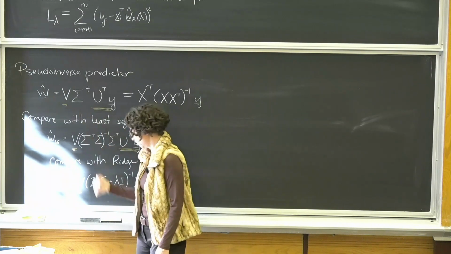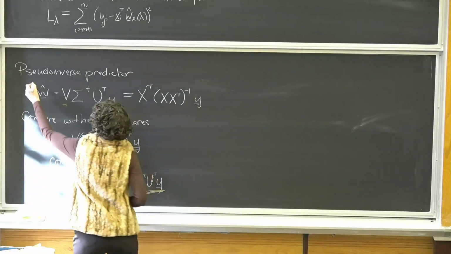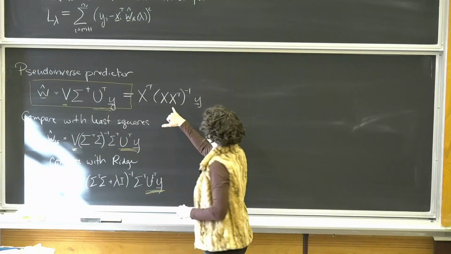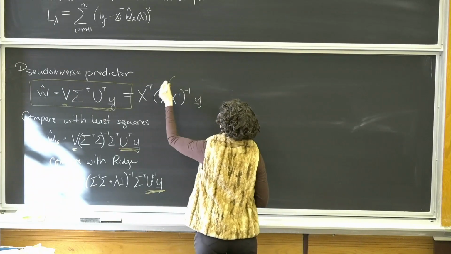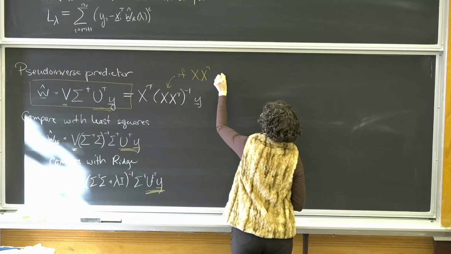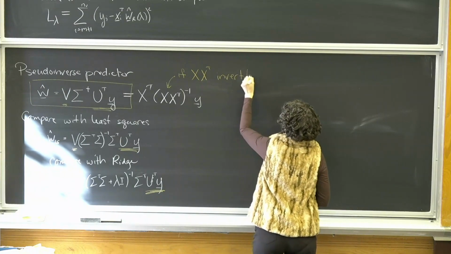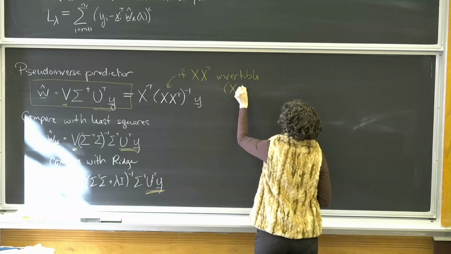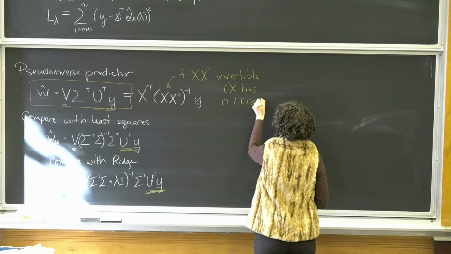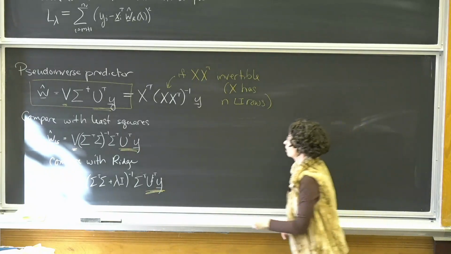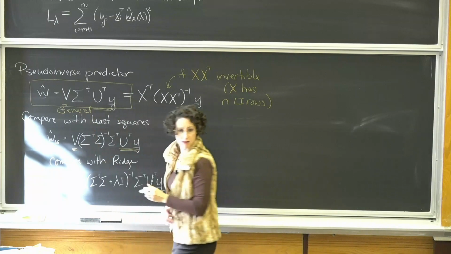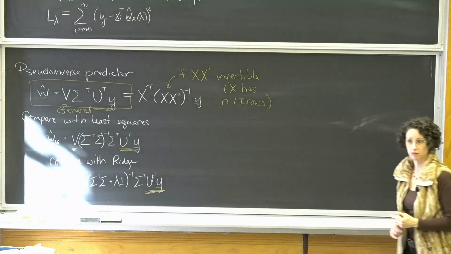So just to be clear, this here is very general, and this is specific to when X X transpose is invertible, or X has N linearly independent rows. Does that make sense? Yeah, great question.